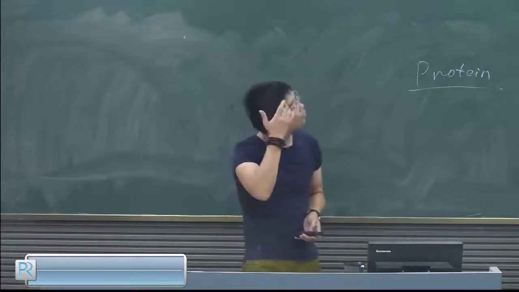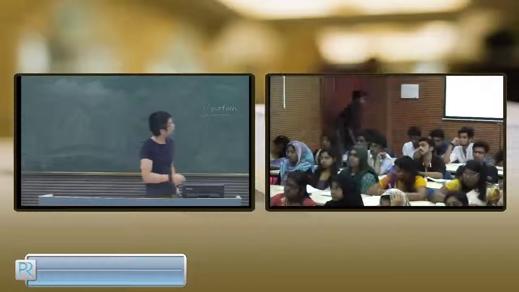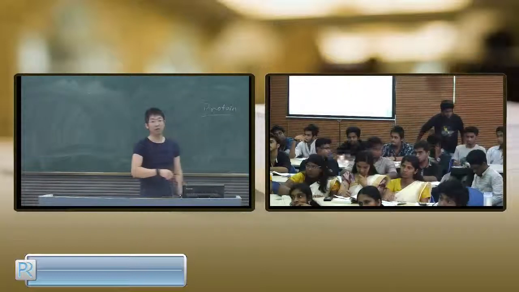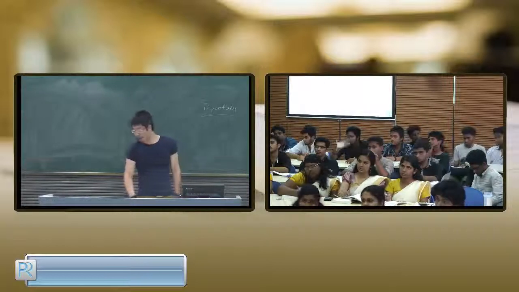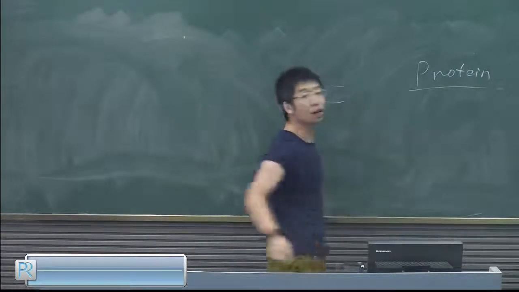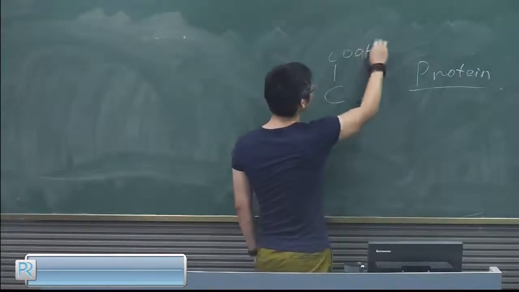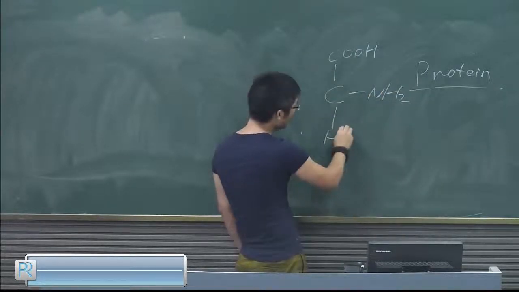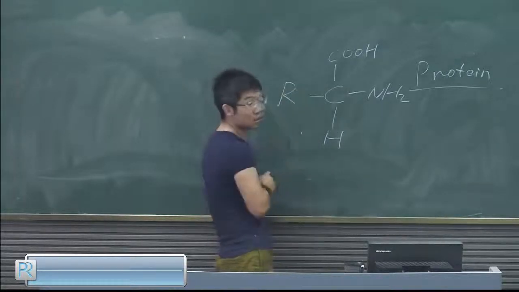For the first part, amino acids, there are 3 keynotes. The first one is amino acid, and the alpha carbon. Here is the alpha carbon atom, right? It is bonded with the carboxyl group and the amino group, and a hydrogen atom and the side chain.